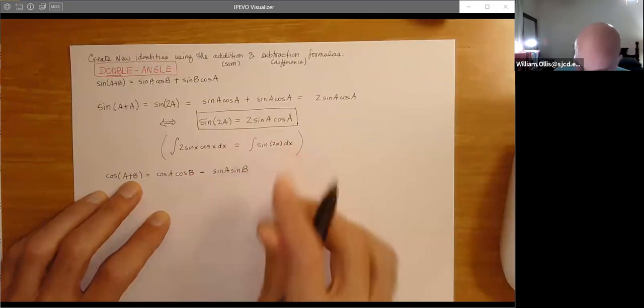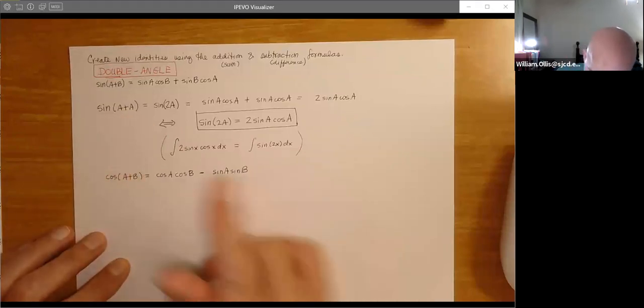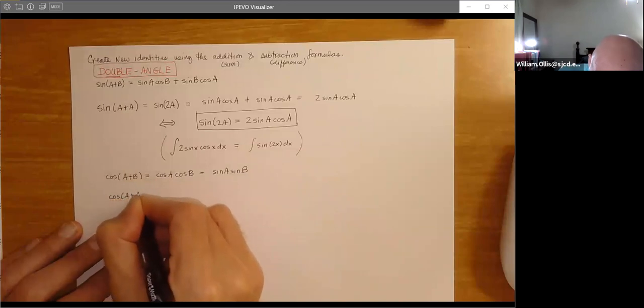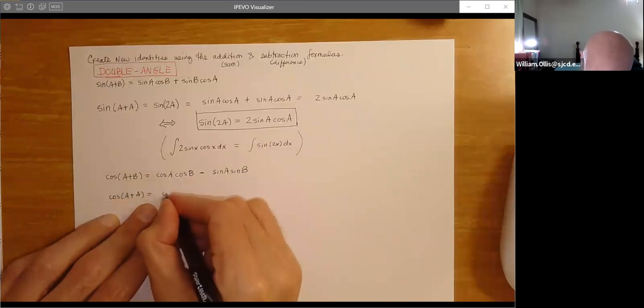Now let's do the same thing again. Let's replace B with A like we did here. So we get cosine of A plus A. So what do we say? Cosine of the double angle.